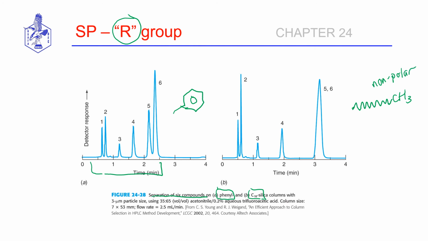Okay, so the same 6 compounds, the resultant chromatogram looks like this. You know, all of our components are coming off, but notice that we have not resolved peaks 5 and 6. So that little distinction in the polarity of the stationary phase material can have an important difference in our resolution of all the components.